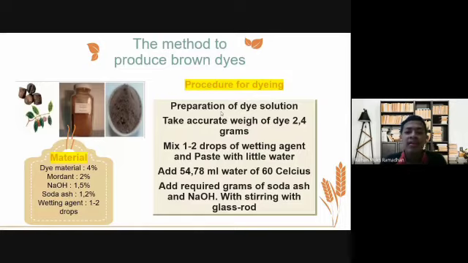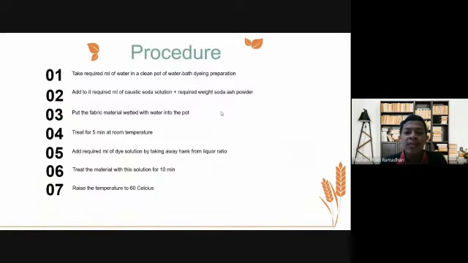The next is the procedure for natural brown dyeing. For the first, take the required ml of water in a clean pot of water bath for dyeing preparation. Second, add to it the required ml of caustic soda solution plus the required weight of soda ash powder.